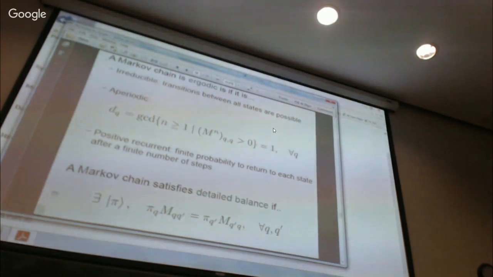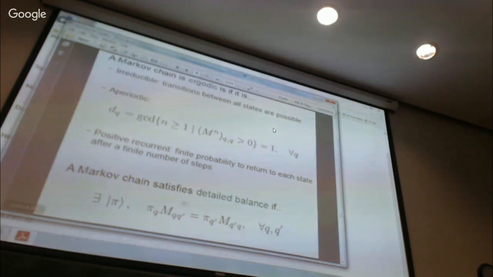And it has to be positive recurrent, which means that if I'm in a particular state, there has to be a finite probability that I return to that state after a finite number of steps. So I won't wander off into oblivion. So that's what it means for a Markov chain to be ergodic.